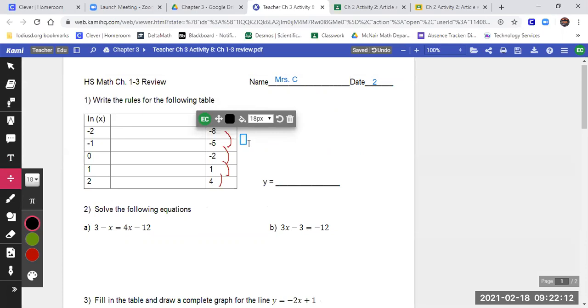Is it +8? Is it -2? Is it, how much is it changing? It's changing positive, okay? How much positive change is happening?